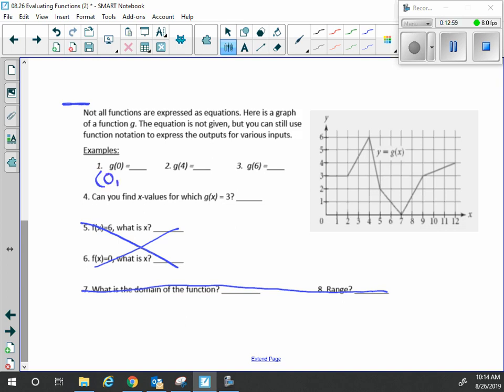Where x is 0, they're looking for y. So when I look at the graph, I'm looking at my x-axis where x is 0, what is y? 3. So the answer to that would be 3. What about g of 4, where x equals 4, y equals 6. G of 6, where x equals 6, 1.